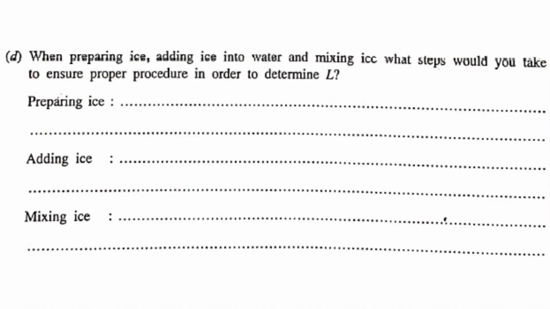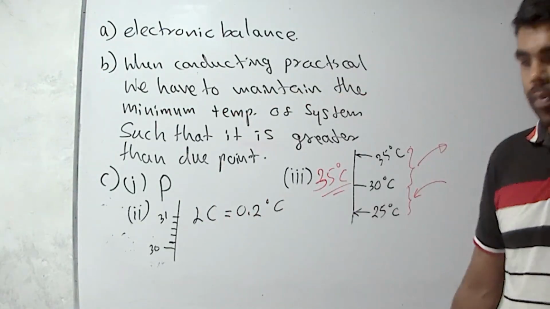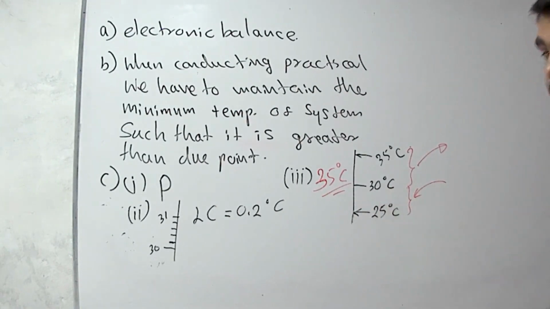Then part D, when preparing ice, adding ice into water and mixing ice, what steps would you take to ensure proper procedure in order to determine S? When preparing ice, we have to get dry ice.